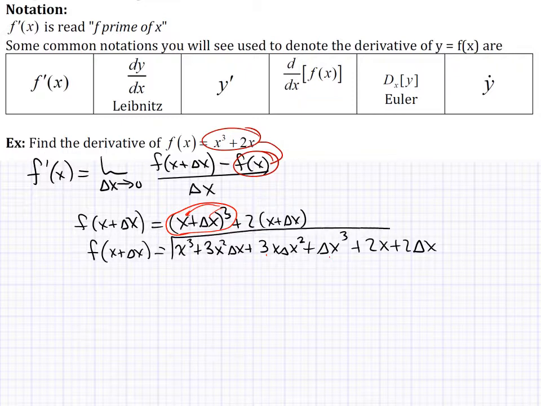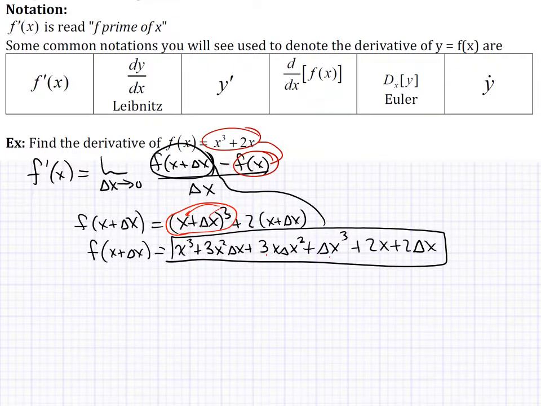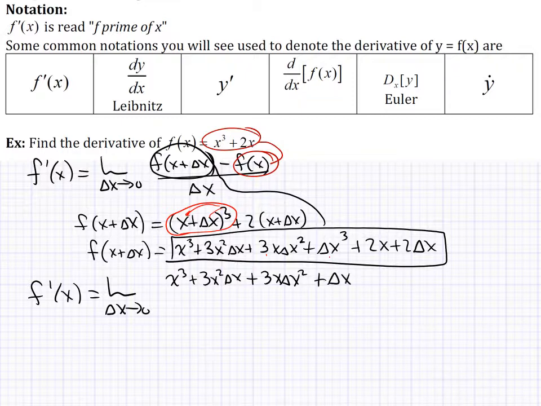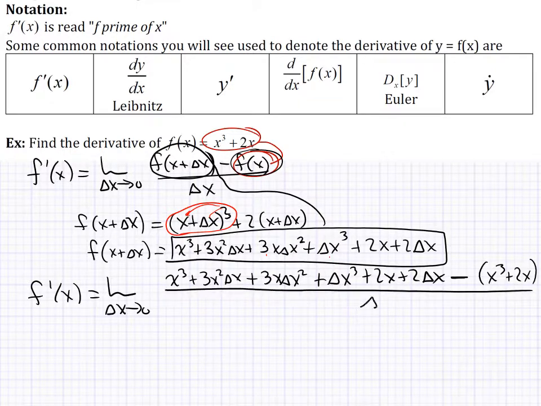Anyway, this will go here. So the derivative will be the limit as delta x goes to 0 of x cubed plus 3x squared delta x plus 3x delta x squared plus delta x cubed plus 2x plus 2 delta x minus f of x, which is x cubed plus 2x, all over delta x.